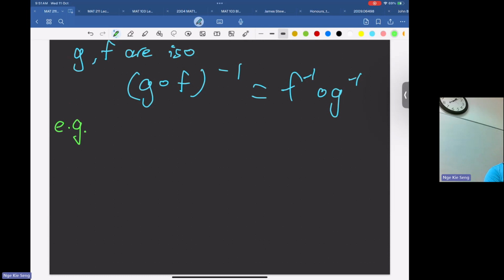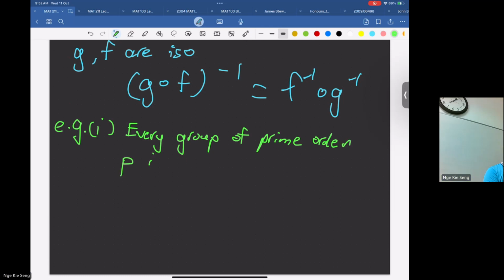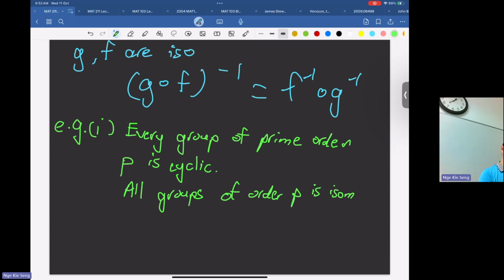Okay, so every group of prime order is cyclic, and all groups of order p are isomorphic. You may not know this, maybe we will prove it later, but I want you to see the statement first.